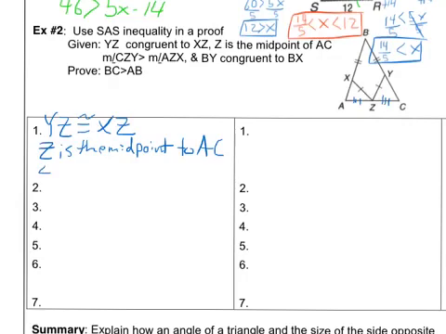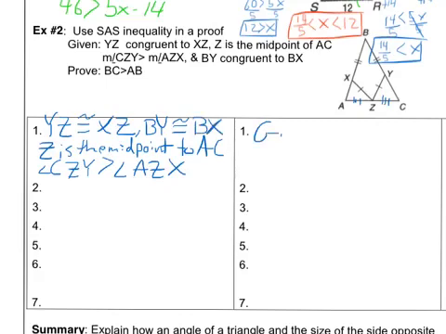I know that angle CZY is greater than angle AZX, and I know that BY is congruent to BX. That is all my given.